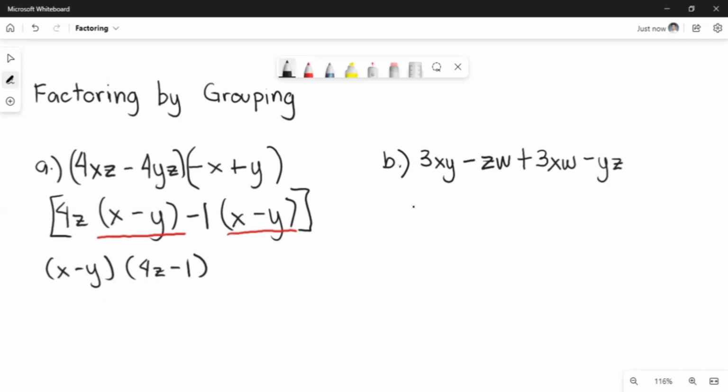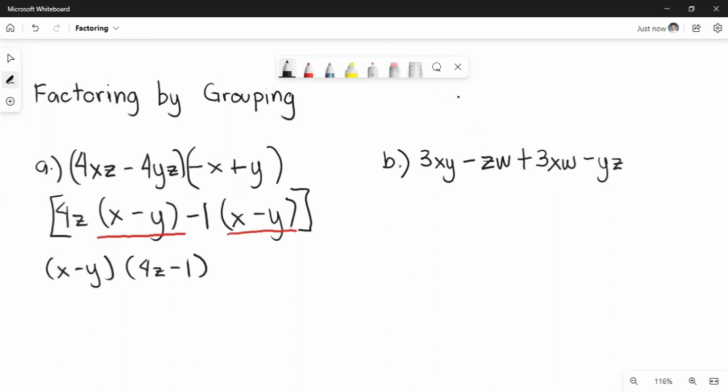Now let's have the second example, 3xy minus zw plus 3xw minus yz. Now the goal is we need to rearrange the terms so that the first two terms have a common factor. And of course, the second two terms also have a common factor.